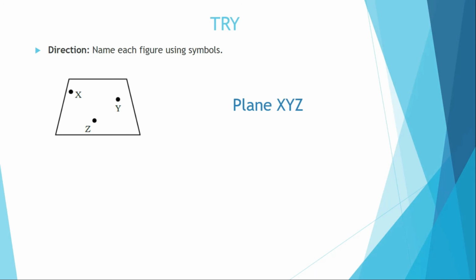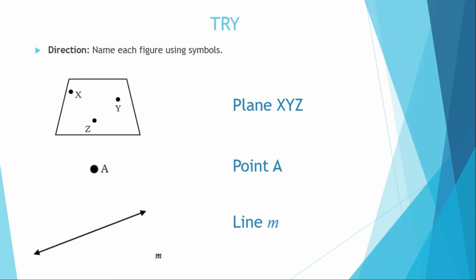Pwede siyang balik-balik na rin as long as nalagay mo yung 3 capital letters dyan. Next, yan. It's obvious that it's a point A. And then the last one, we have line M.